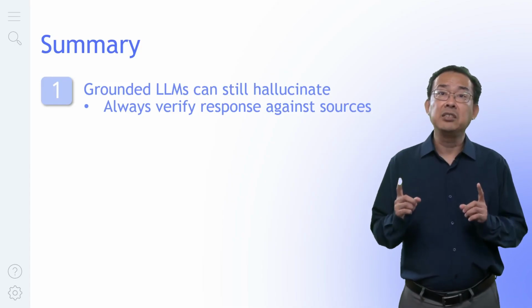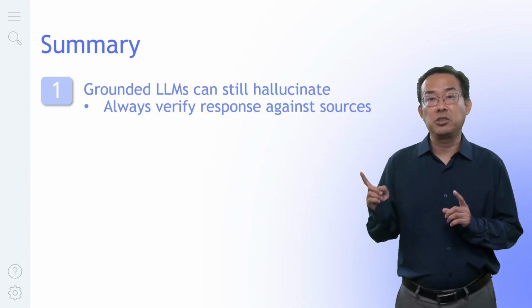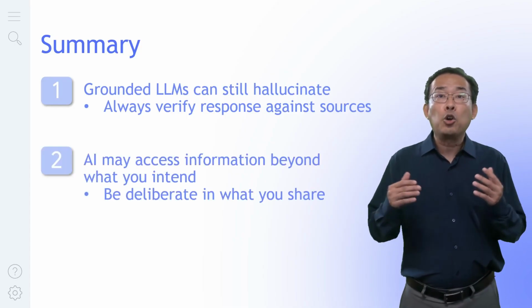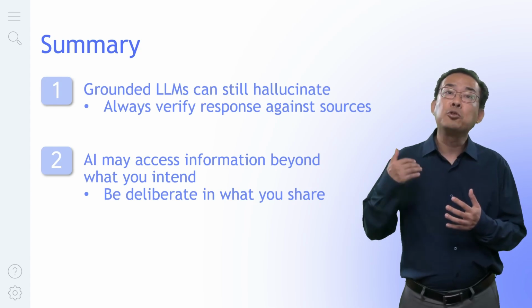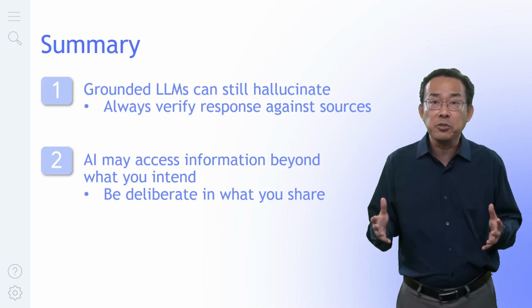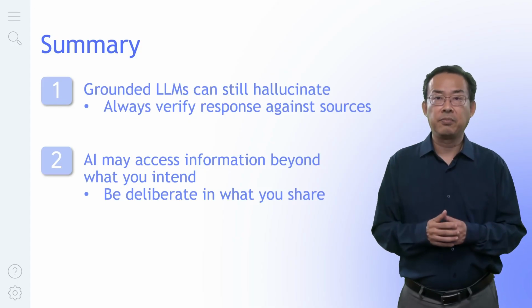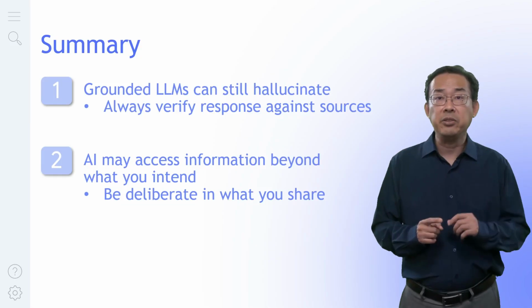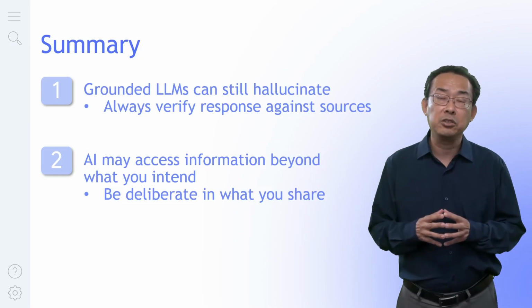Always verify the response against the sources it cites. Second, connecting personal accounts or uploading documents gives the AI access to information beyond what you might intend. Be deliberate about what you share and keep in mind the privacy implications of doing so.